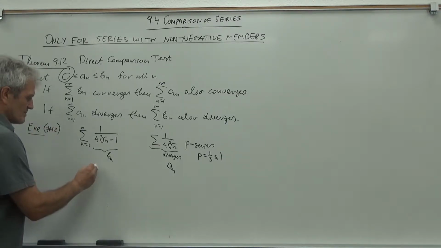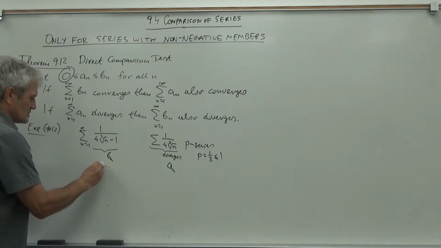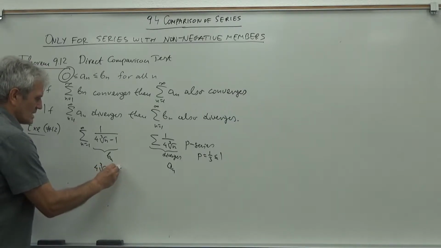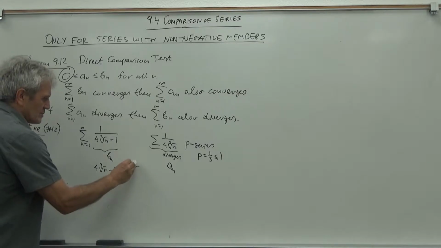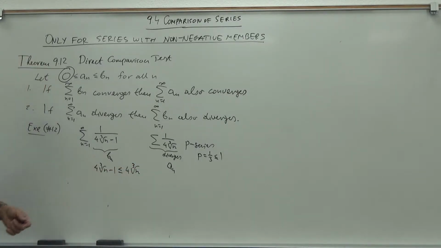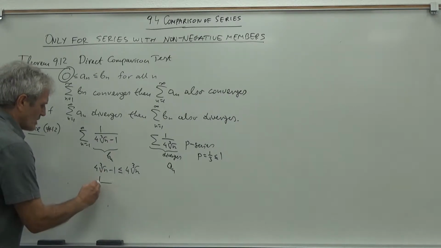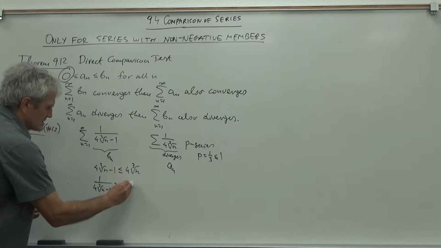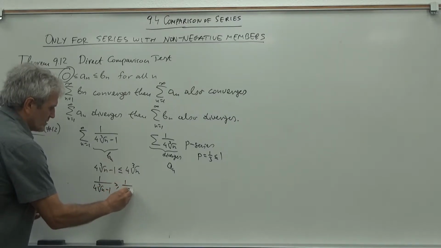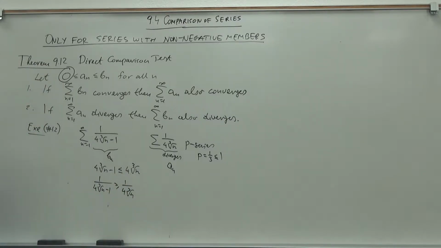So I'll say the following. 4 cube root of n minus 1 is less than or equal to 4 cube root of n because I subtracted 1. These are positive numbers, so I can take reciprocals. 1 over 4 cube root of n minus 1 is greater than or equal to 1 over 4 cube root of n. And that's it.